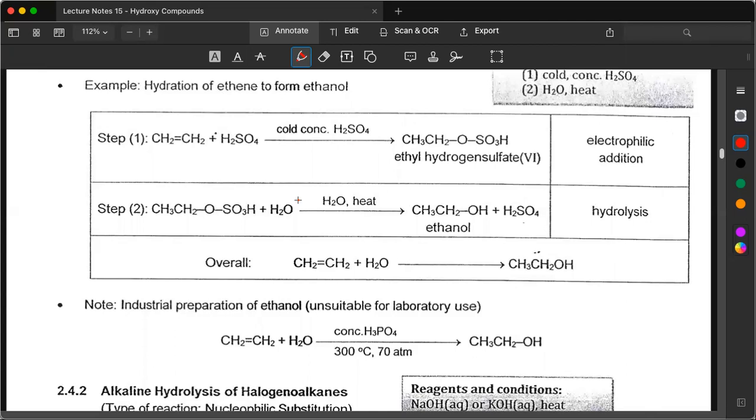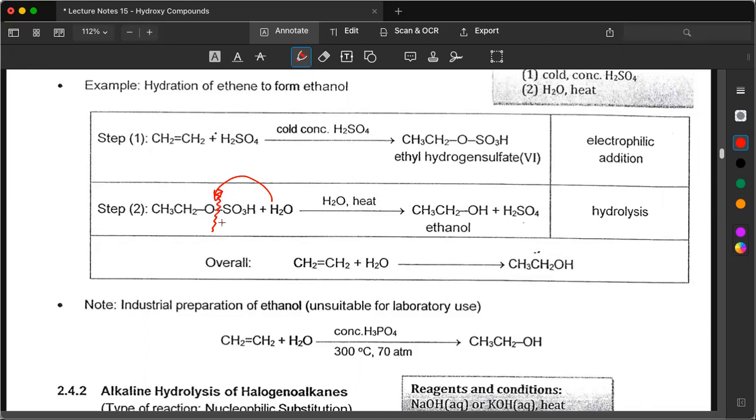So what happened here in step 2 is, the bond between the O and S is cleaved, and the H from the water will go to here to form the OH.